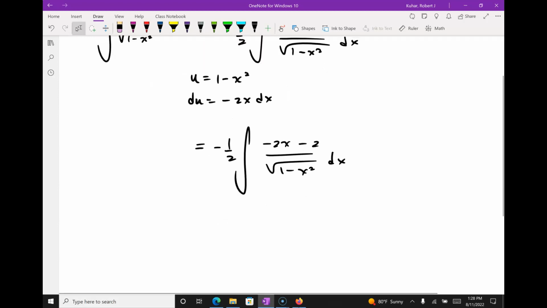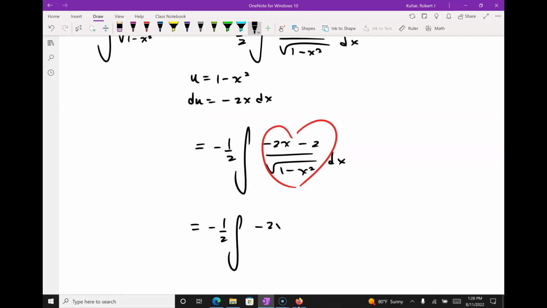And so what I want to do is divide and conquer, right? I'm going to divide and conquer here, right? So minus 1/2 of the integral of minus 2x over square roots of 1 minus x squared dx, and then a minus 1/2 of the integral of minus 2 over the square root of 1 minus x squared dx. So I have to do a little bit of work here. I see it's a u sub, but then I realize it's going to turn into an arcsine.